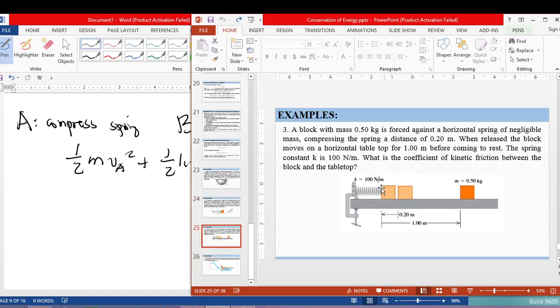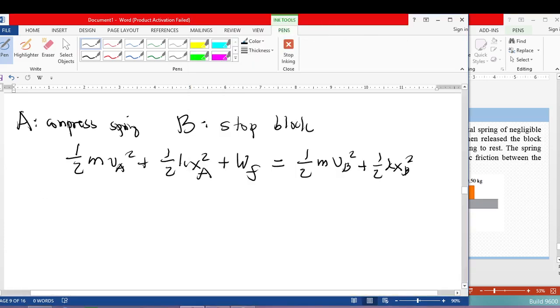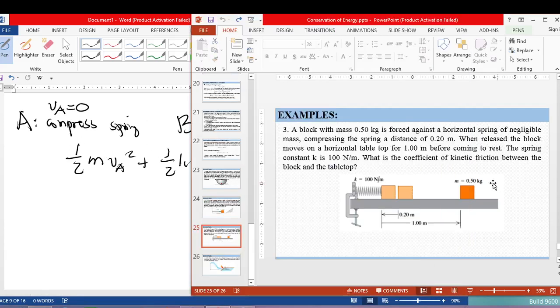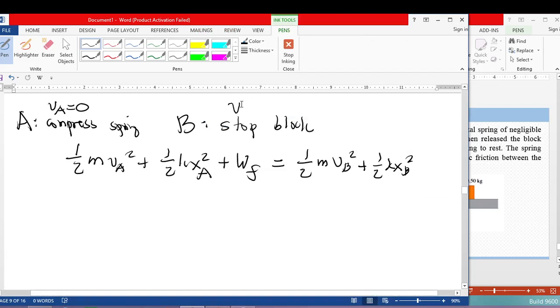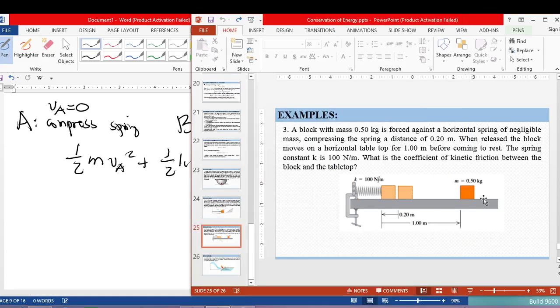So at the maximum compression of 0.20, it stops, so there is no kinetic energy at point A. At point B, we let event B be when the object comes to rest, meaning it has no kinetic energy and no elastic potential energy, since no spring is connected here.